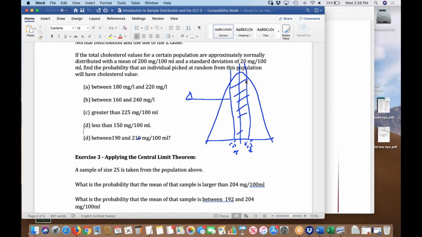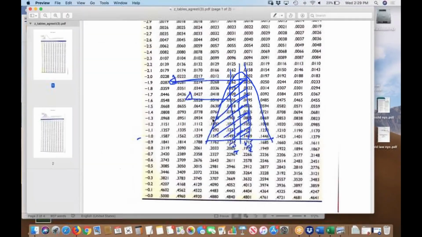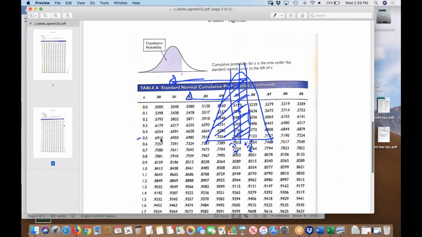So one of the things we can do to find the area between them is to calculate the area for z-score plus 0.5, which represents this entire area from plus 0.5 and lower, which is going to be 0.6915.